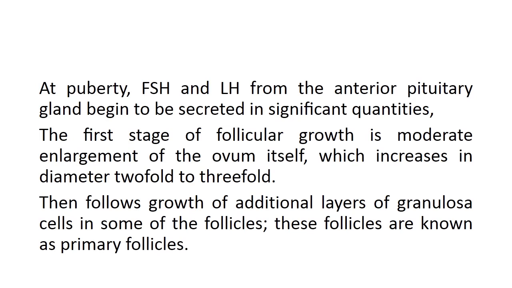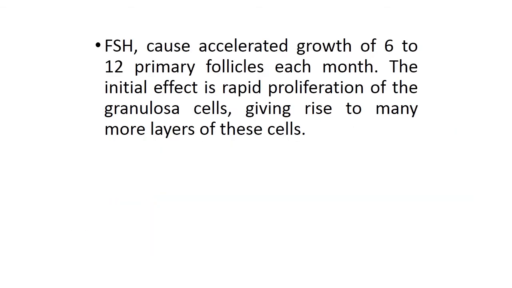These follicles are known as primary follicles. FSH causes accelerated growth of 6 to 12 primary follicles each month. The initial effect is rapid proliferation of the granulosa cells, giving rise to many more layers of these cells.